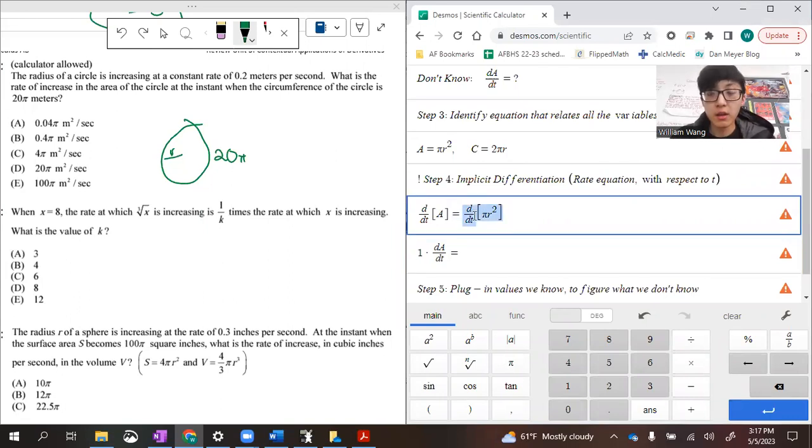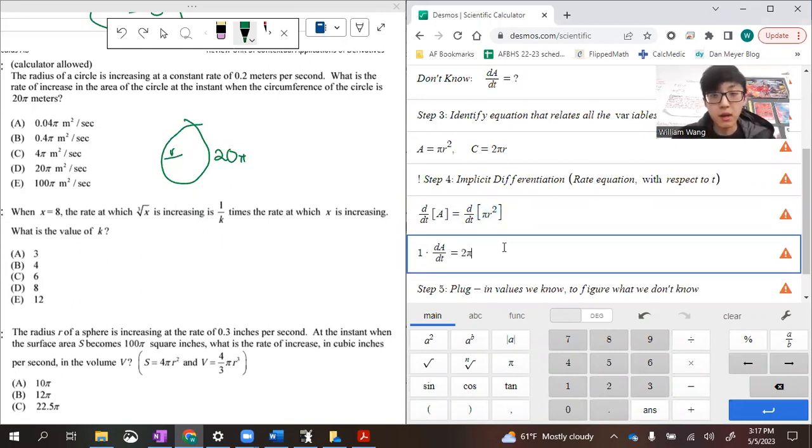Excellent. All right. Right side. First, I take the derivative normally, right? So 2 pi r. But then my r and t do not match, so I need to multiply by dr divided by dt. Right? I have to multiply by that because it's implicit differentiation. That's just how you do implicit differentiation.